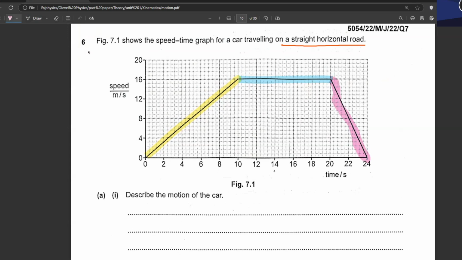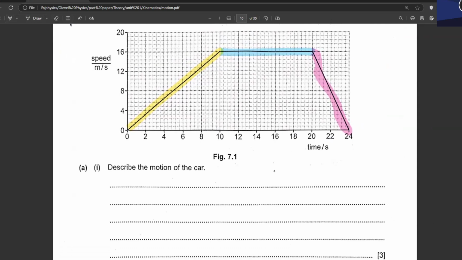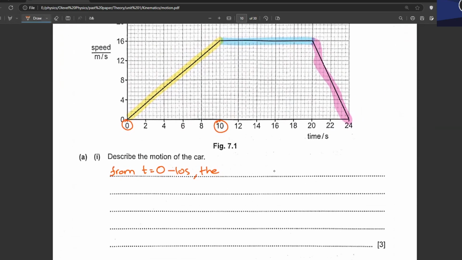So let's describe them one by one. From time t equals 0 till 10 seconds, the car is accelerating with an acceleration of, let's calculate the value as well.